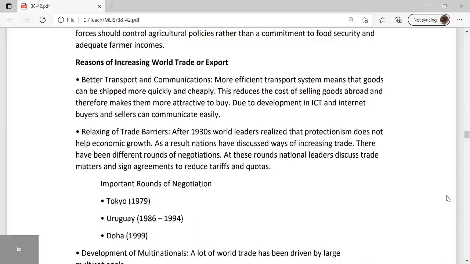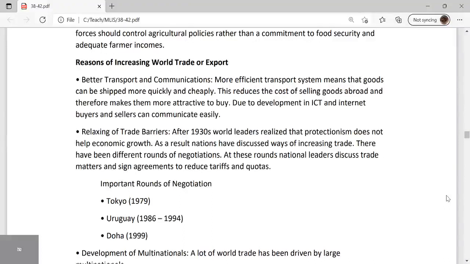Better transport and communications. Transportation has become faster and cheaper. Anything in the world can be transferred to any country within a very short period of time, and at very low cost compared to 10 or 20 years ago, when it was quite expensive and slow.